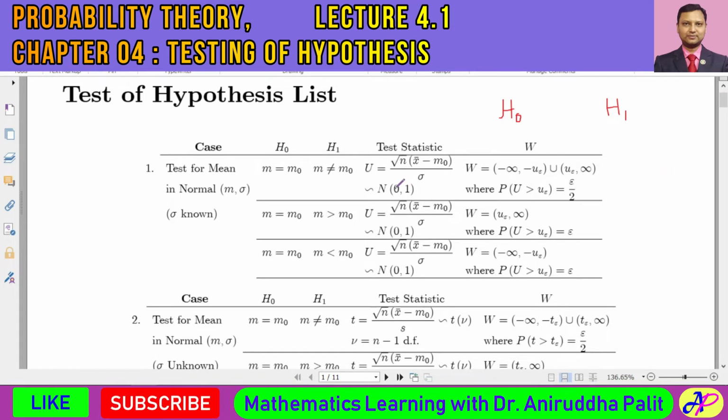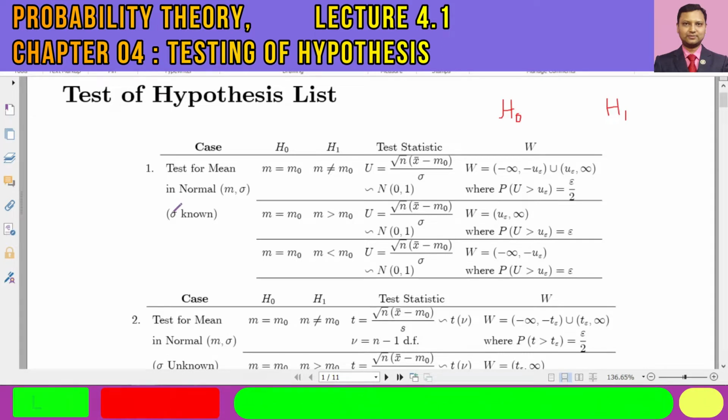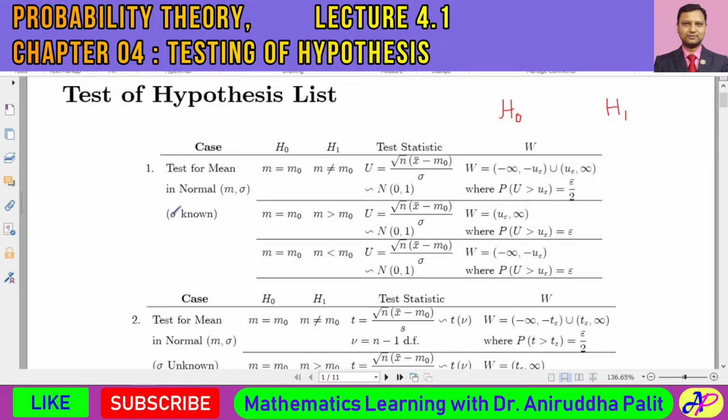We shall mainly divide this lecture into two categories. One would be the test for a single population distribution, another would be the test for simultaneous comparison of two population distributions.